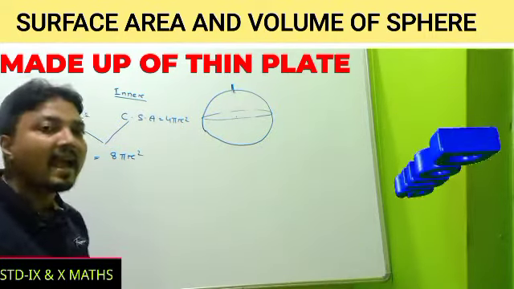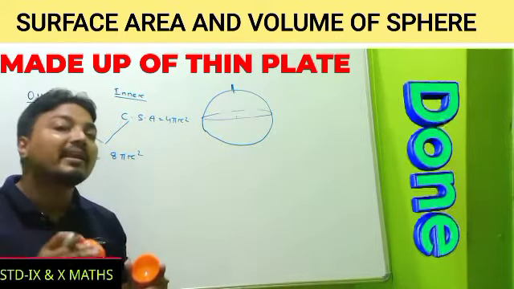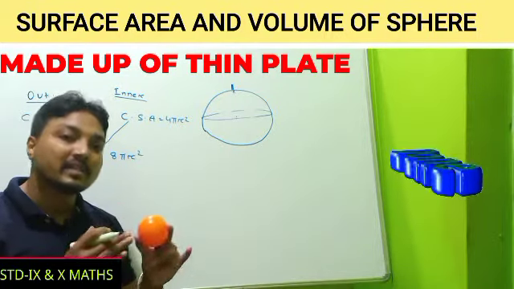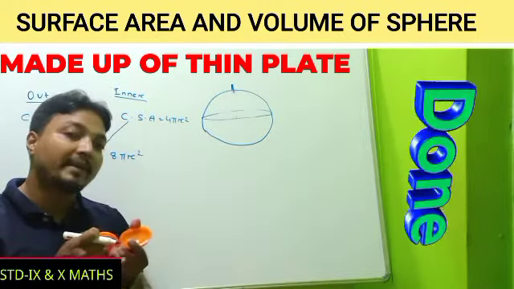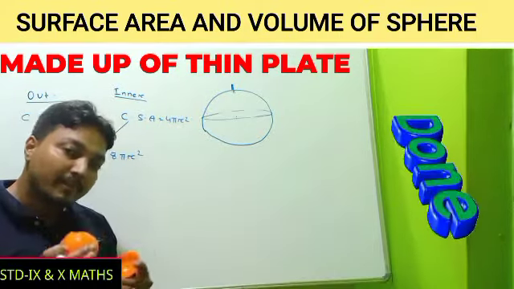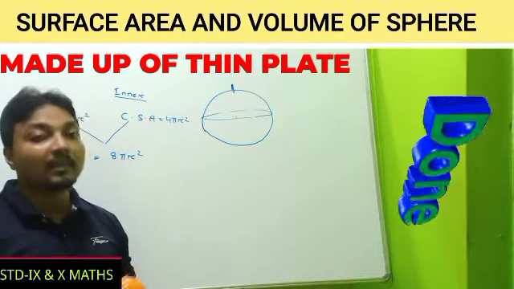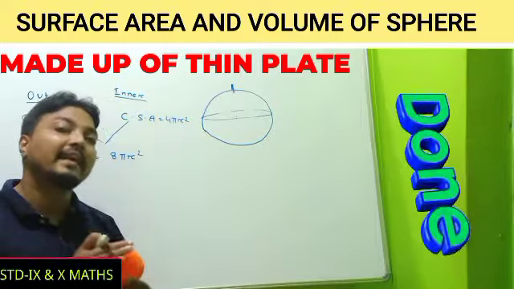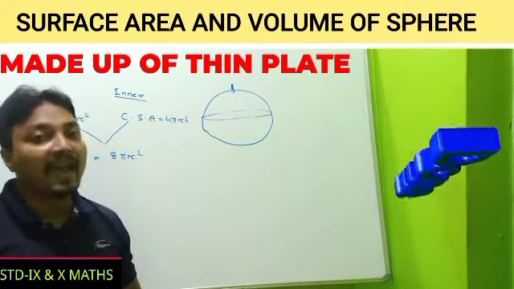Outer curved surface area and inner curved surface area are both the same. Whenever together for both, outer work and inner work, the total curved surface area will be 4 pi r square plus 4 pi r square, which will be 8 pi r square.